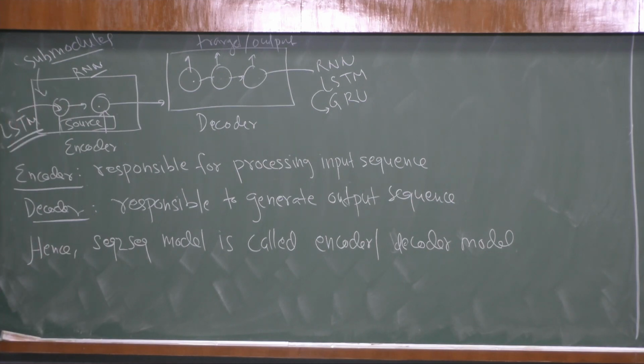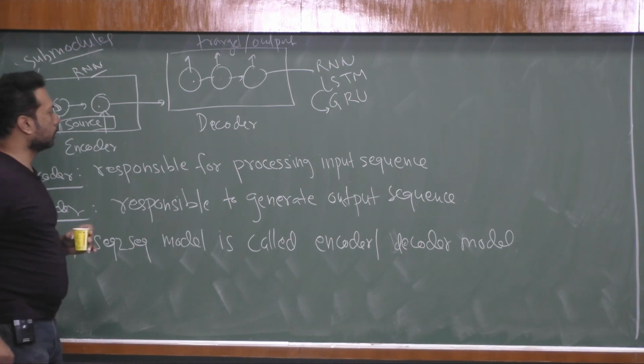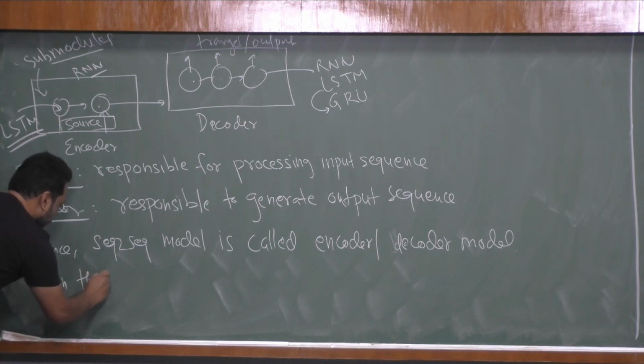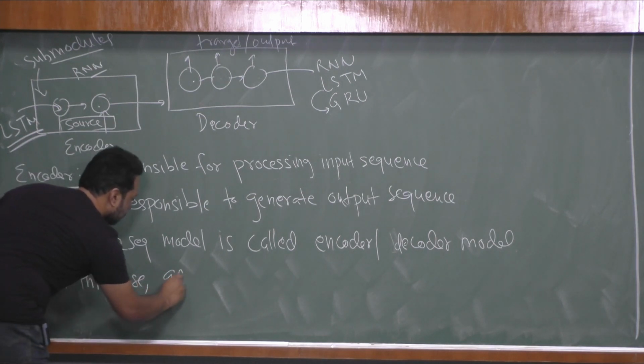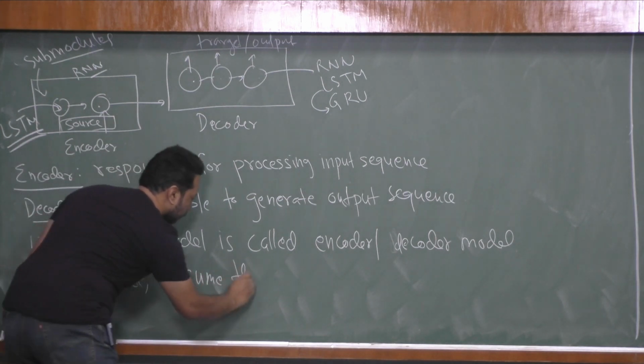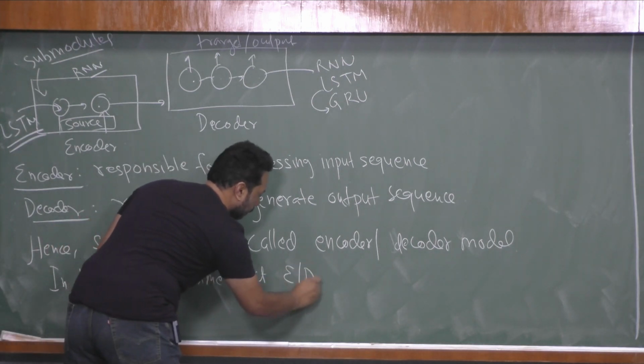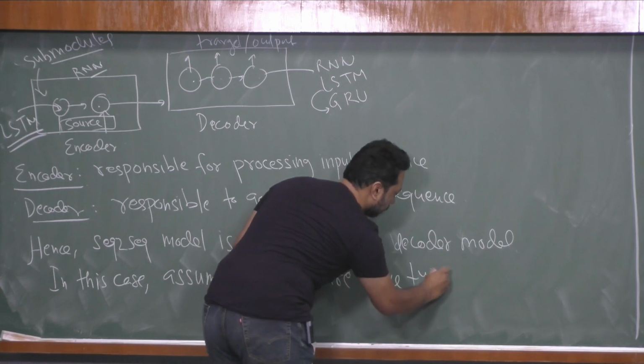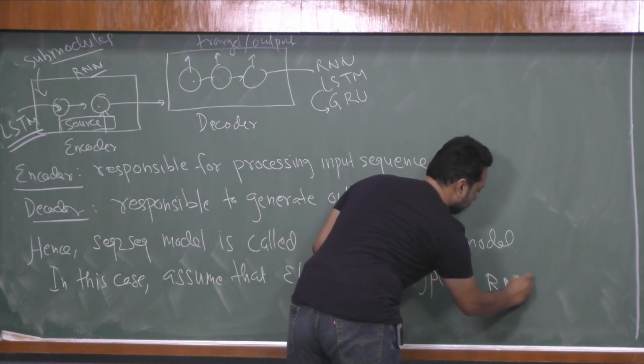So overall the model is an encoder-decoder model, and within that you can use different types of networks. Let us assume in this case that the encoder and decoder are some type of RNN.